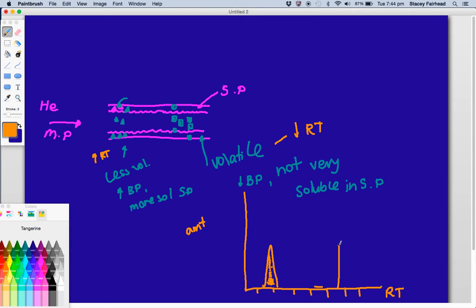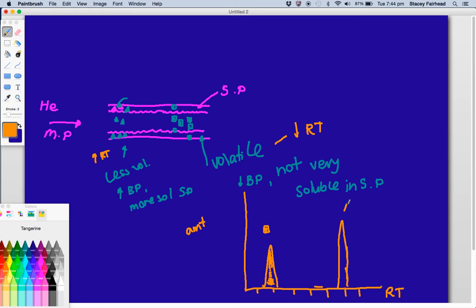So a plot for what we've got above might look something like this. So the square molecules are represented by this peak because they're more volatile and they've come out first, so the retention time is less, they spend less time in the coil.